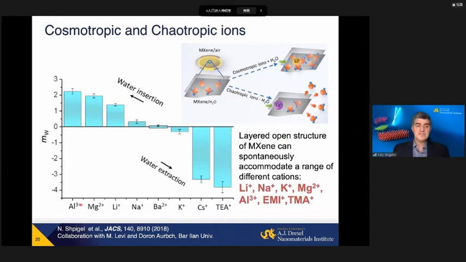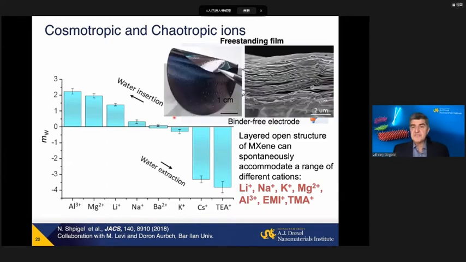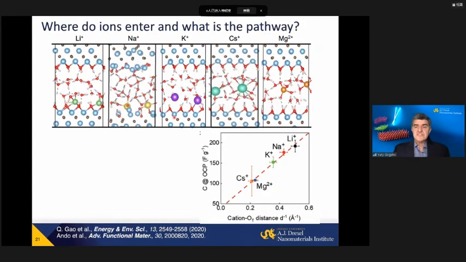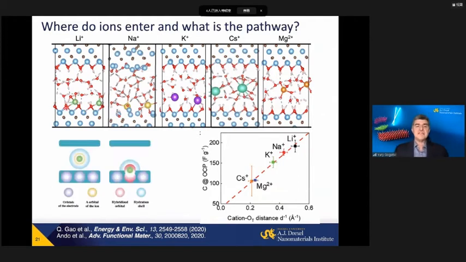For example, some ions like aluminum, magnesium, or lithium will bring water in when they intercalate between MXene layers. Some other ions like tetraethylammonium will push water out. Some ions will hardly change the interlayer spacing when they go between MXene sheets. Understanding and appreciating these factors is important because ions that go inside, even with water, but come close to the surface of MXene, are able to polarize the surface of titanium or other transition metals, it can be molybdenum, vanadium, niobium.